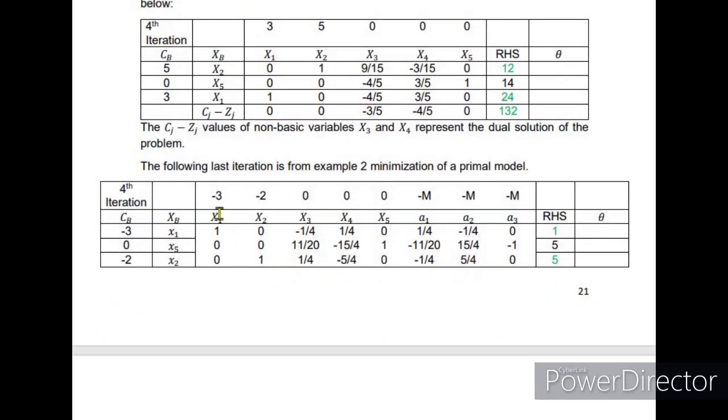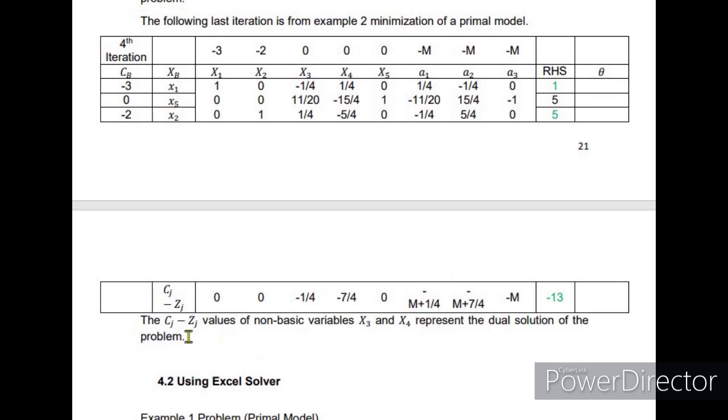Okay. Next, the following last iteration is from example 2. Okay, minimization. So here, the C sub j minus Z sub j values of non-basic variables x sub 3 and x sub 4 represent the dual solution of the problem. Okay, so there it is.